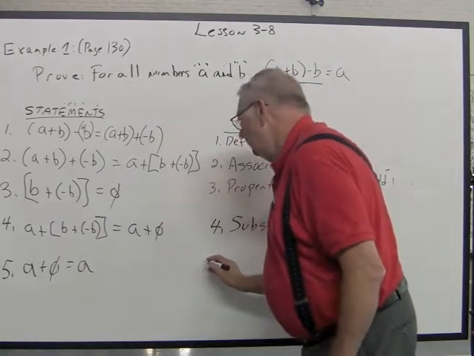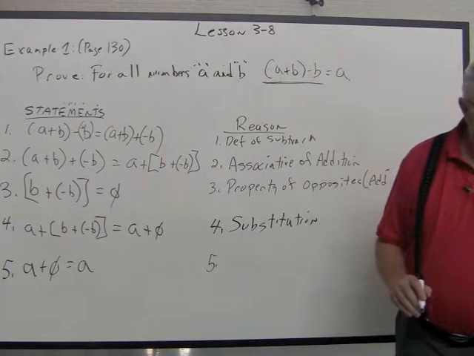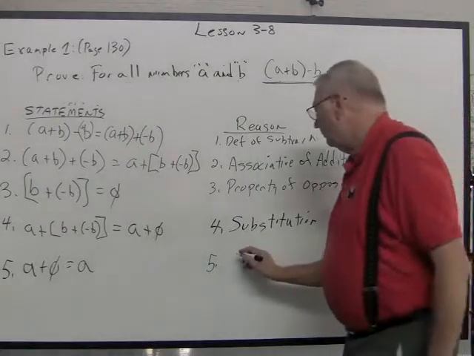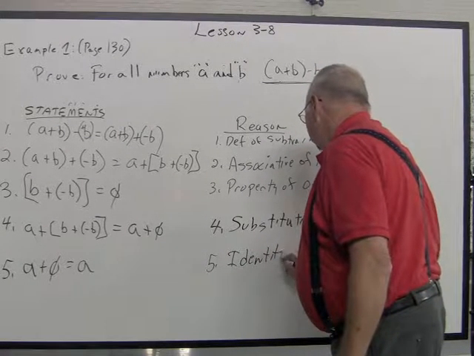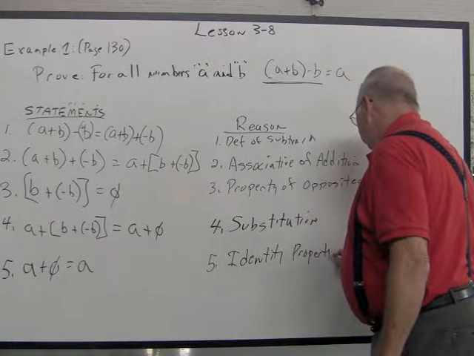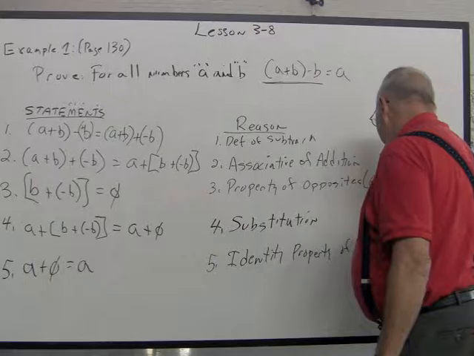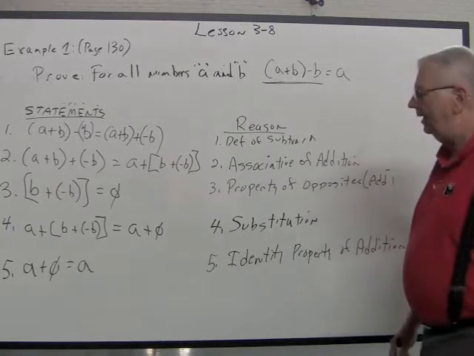So the reason I can do this, a plus 0 equals a, is the identity property of addition.